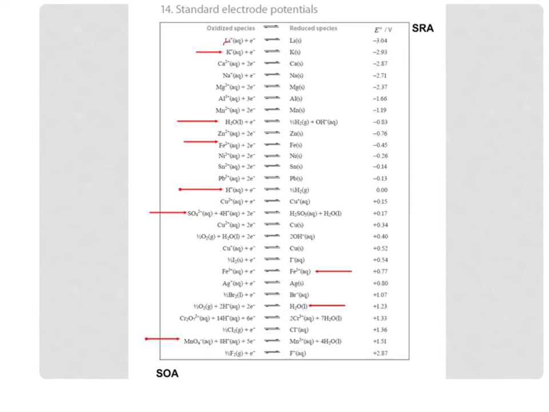K+ is at the top here. It's on the oxidizing agent side, so that acts as an oxidizing agent. Water is present in this reaction here, and it's also present in this reaction here. In the first reaction up here, it's acting as an oxidizing agent. Down here, it's acting as a reducing agent.